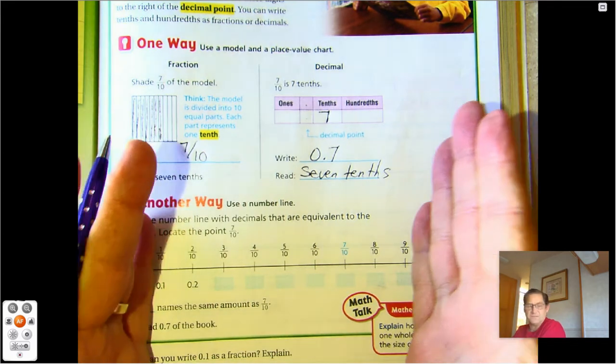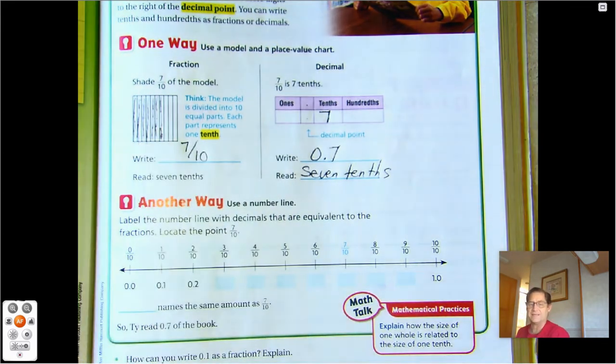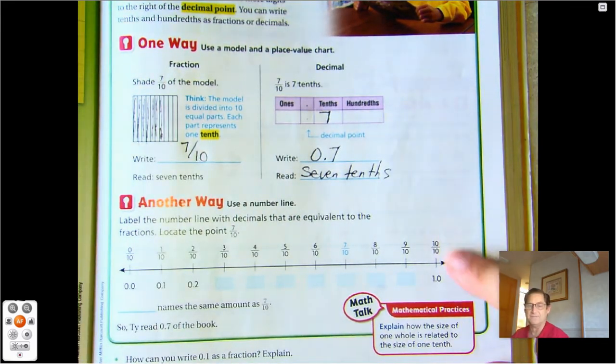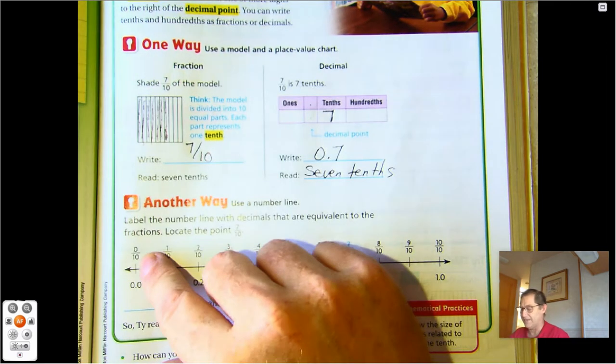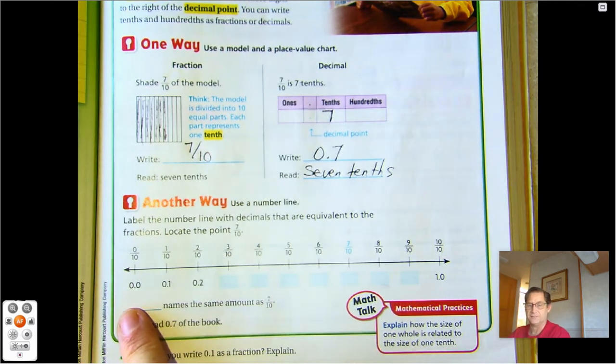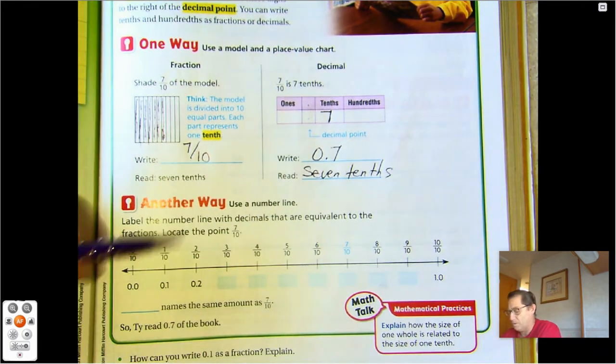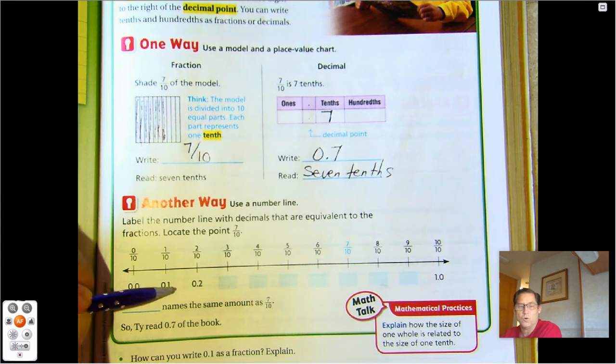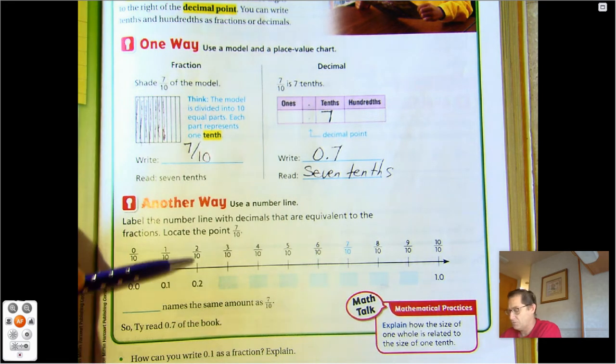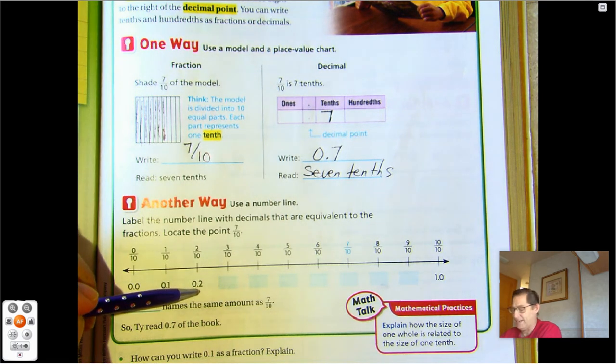So all the fraction values are less than 1 whole except for 10/10. 10/10 equals 1 whole. 0/10 is 0. There's no value there. So 1/10 we would write as 0.1. 2/10 we would write as 0.2.